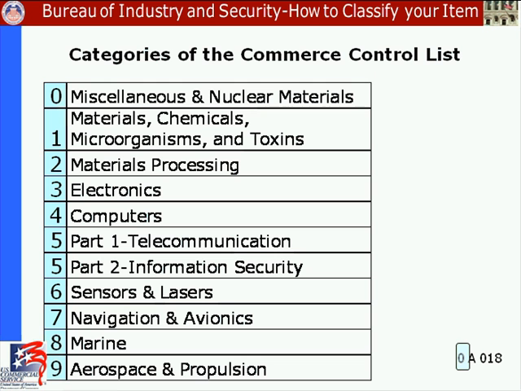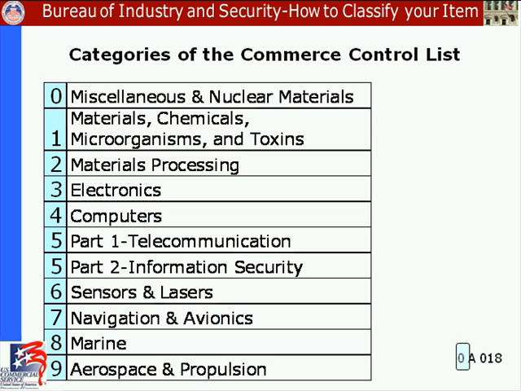They are manufacturing equipment for producing electronics, like integrated circuits, or semiconductor manufacturing equipment, also in category 3. Then category 4 are computers, could be analog computers, digital computers, or hybrid computers. If you don't know whether they are digital or analog computers, they're hybrid computers, or in category 4.